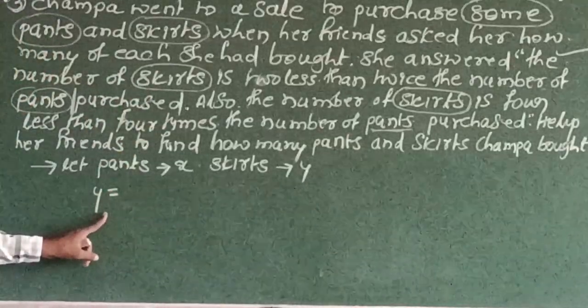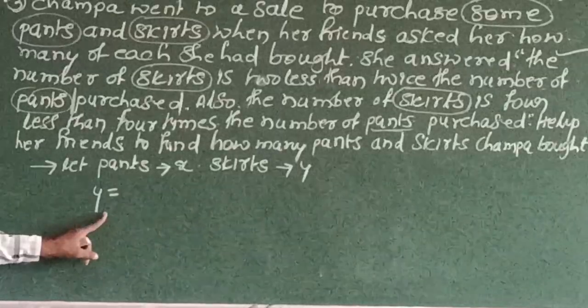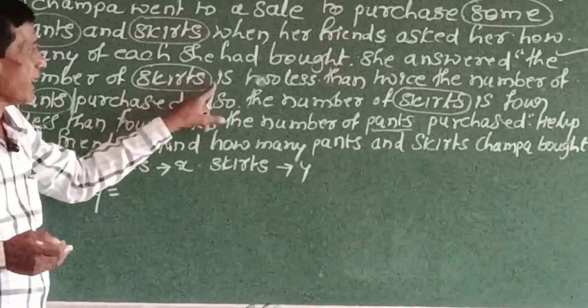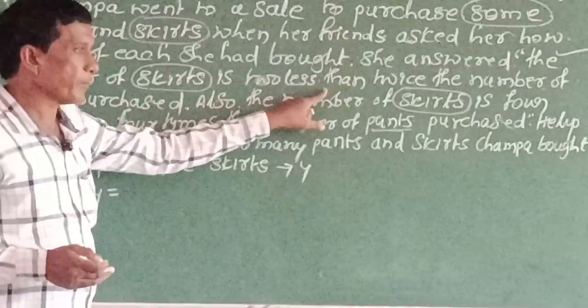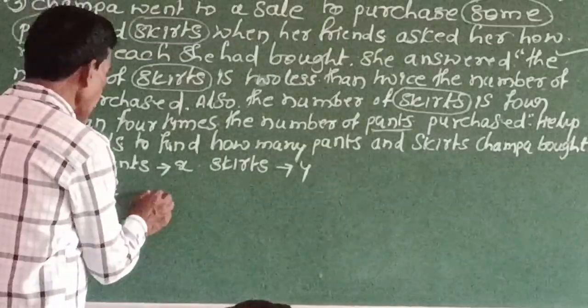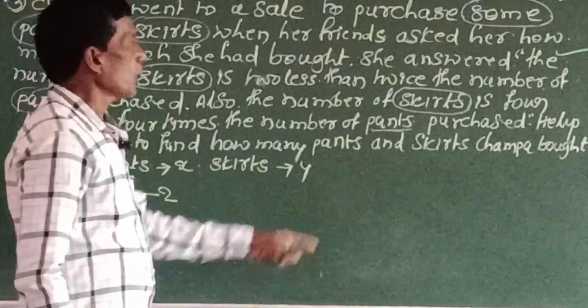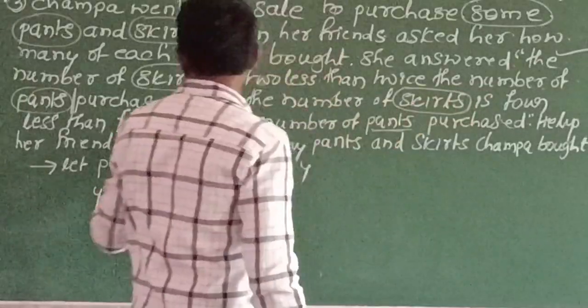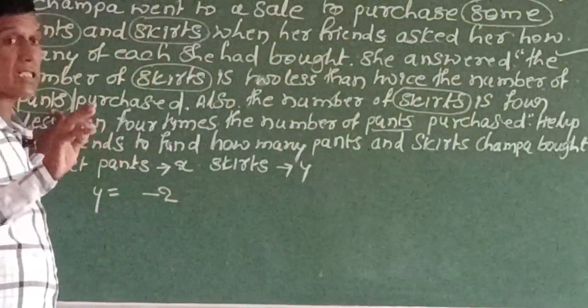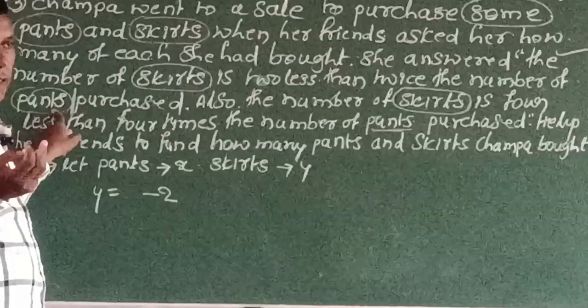First, take that point Y. The number of skirts is 2 less than twice the number of pants, so minus 2. Twice means double.